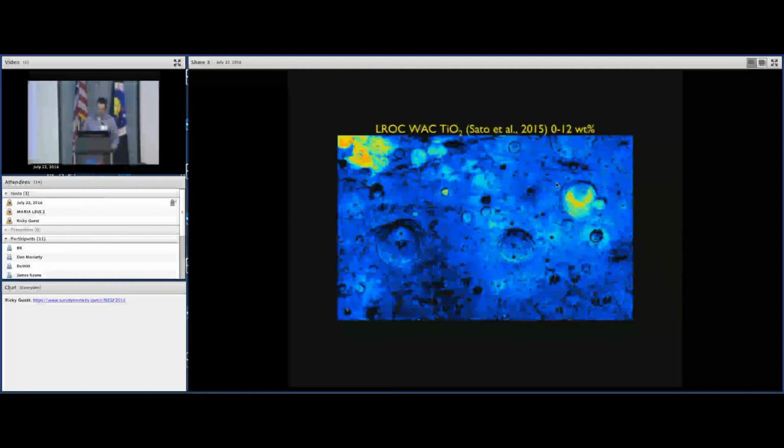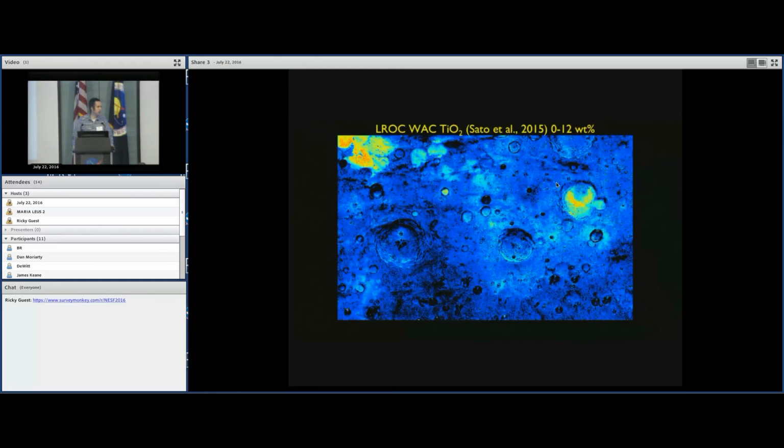Now let's look at some other derived data products. This is a titanium map using the WAC color filters. Sato et al. in 2015 described the process by which this algorithm was derived, in an LPSC abstract. Some things come out very clearly.